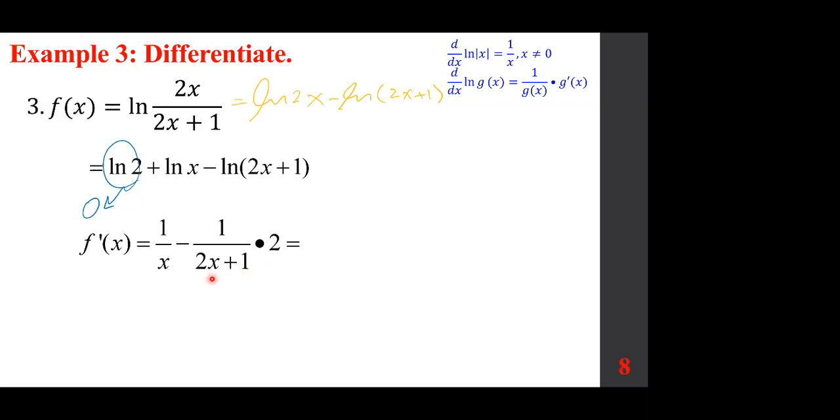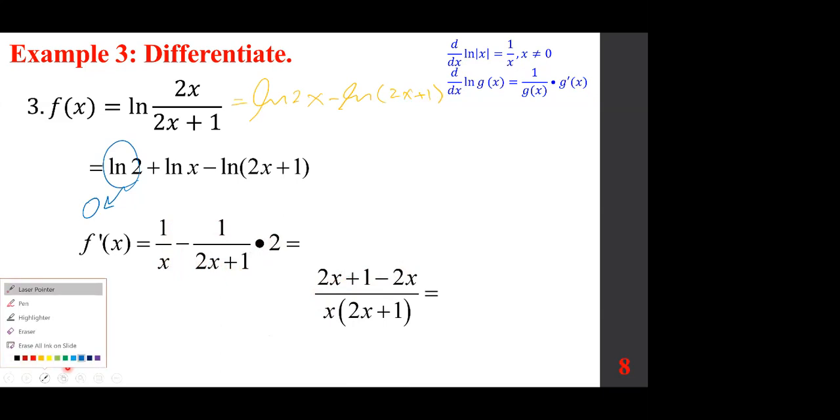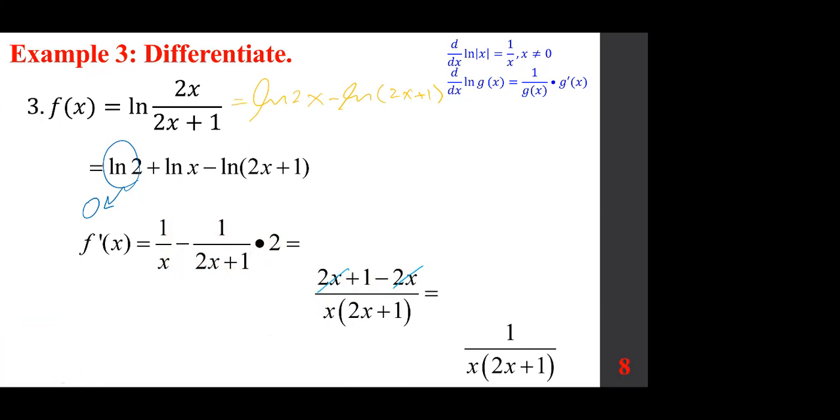And so you are dealing with 1 over x minus 2 over 2x plus 1. You take a common denominator of x times 2x plus 1. 1 times 2x plus 1 minus 2 times x. 2x cancels out the negative 2x. And here's your final answer.